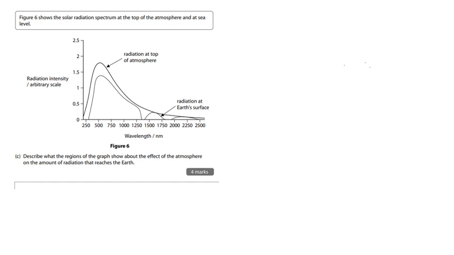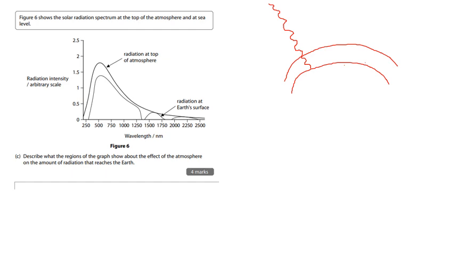Well, if there's the Earth and there's the atmosphere, and there's solar radiation, in other words, electromagnetic waves from the sun, some of these waves are absorbed and some of them get through.